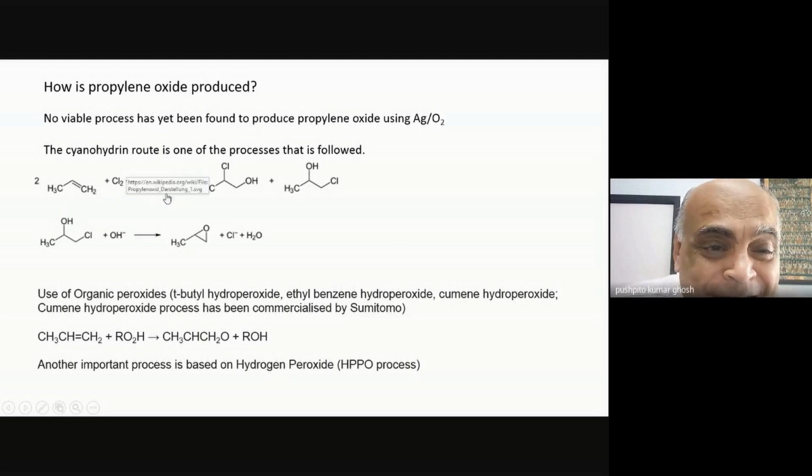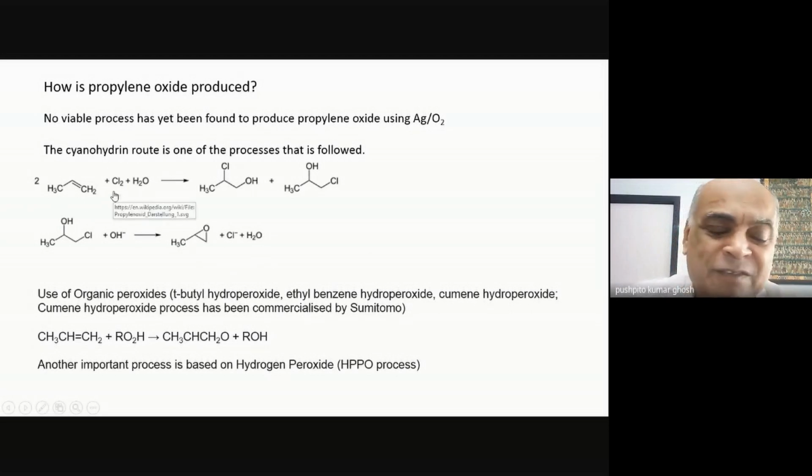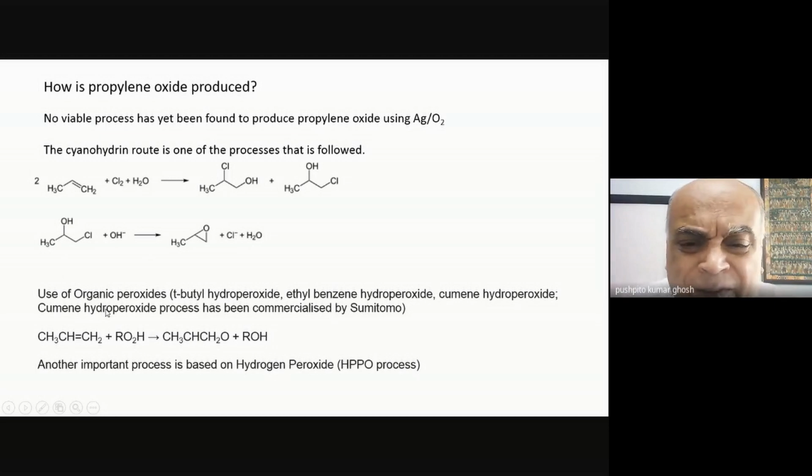This is the process which has been commonly followed for making propylene oxide, which is basically your chlorohydrin process, which you have learnt about. Instead of taking chlorine, people have also taken other hydroperoxides like cumene hydroperoxide, ethyl benzene hydroperoxide. You can do it with many. But this has been a major challenge.